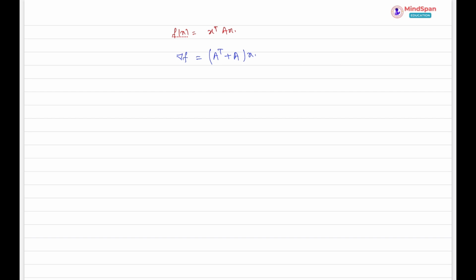And now if you take the derivative of this gradient, that would be nothing but the Hessian, the double derivative of this function. You can simply apply the product rule here, and it is a linear function, so the Hessian would be A transpose plus A, right?